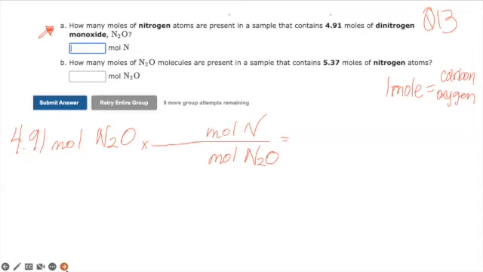So whenever we see the element, that's always 1 mole unless designated otherwise. So in 1 mole of this compound, how many N's are there? Well, we would default to 1 unless denoted otherwise, and it is denoted otherwise as a 2.